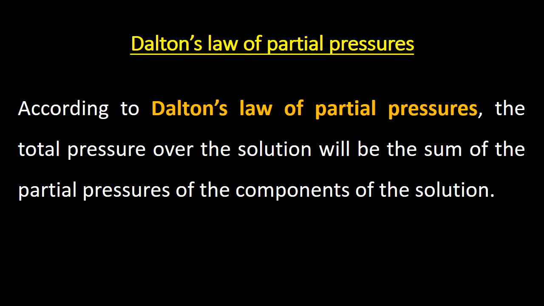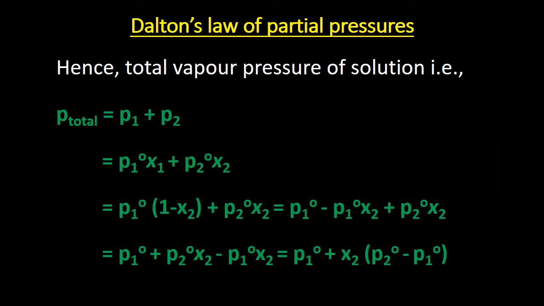According to Dalton's law of partial pressures, the total pressure over the solution will be the sum of the partial pressures of the components of the solution. Hence, total vapor pressure of the solution, that is P total, is equal to P1 plus P2. P1 is the partial vapor pressure of component 1 and P2 is the partial vapor pressure of the component 2, which is equal to P1 naught into x1 plus P2 naught into x2.